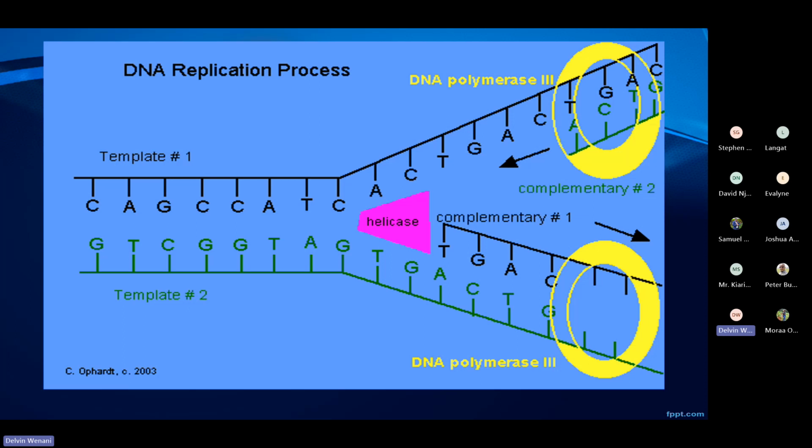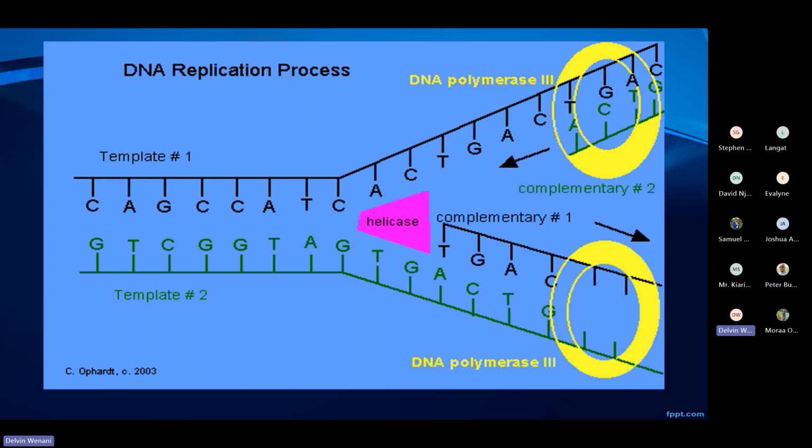Now, the process of replication is starting from here. What is happening here? I had talked about the relationship between the two thymine, the two organic bases. I said in between these two organic bases, there is a hydrogen bond.